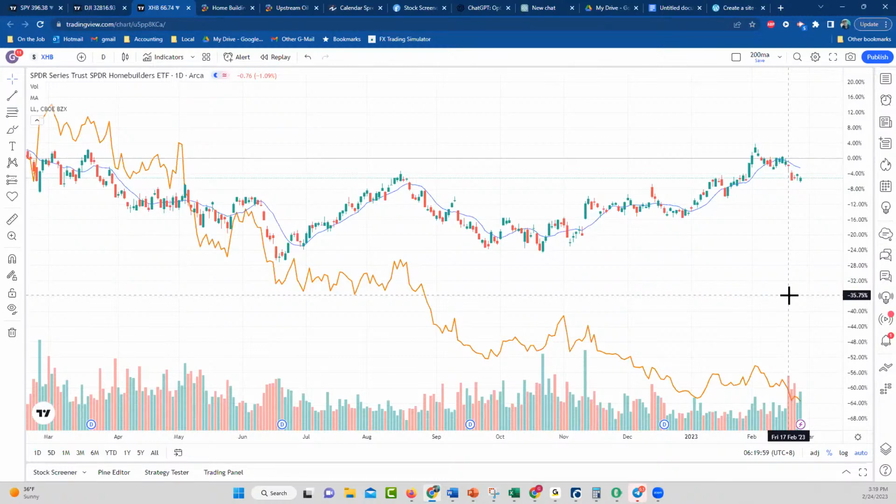Here's the challenge that the lumber industry, and in particular Lumber Liquidators, has had. Most of the lumber that drives that industry comes out of a place called British Columbia in Canada.